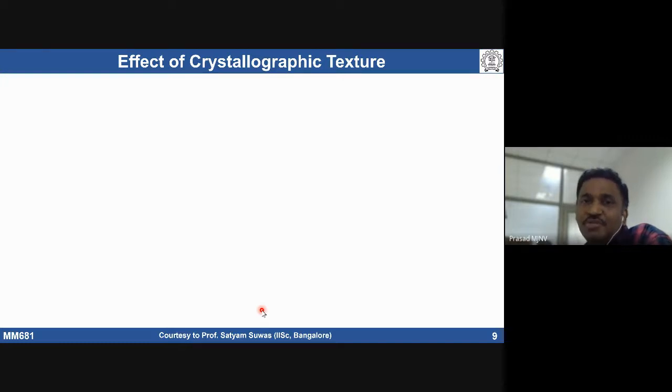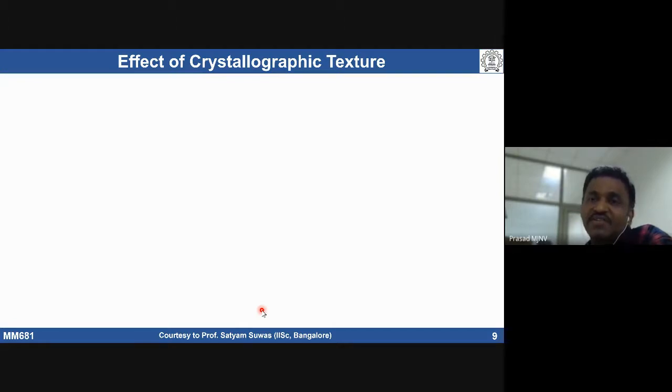Most of the materials will be anisotropic in nature. It means the property is going to change depending on direction. The simplest one is elastic modulus. If you take a simple cube, depending on direction, your elastic modulus is going to change.